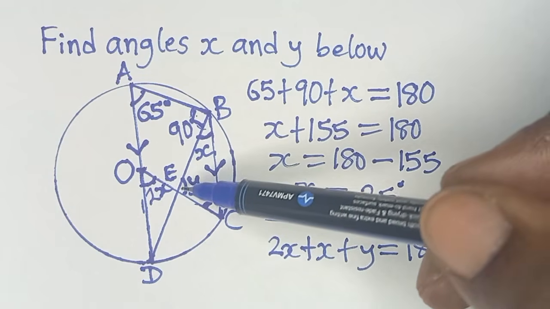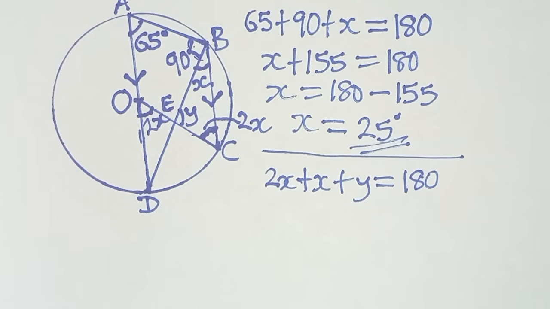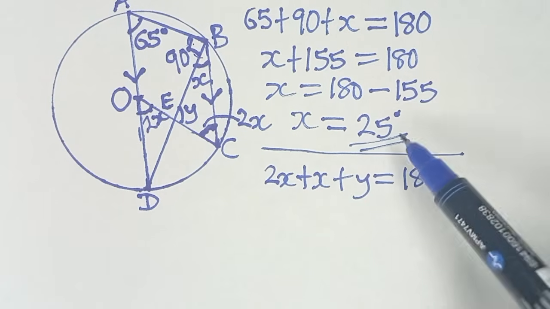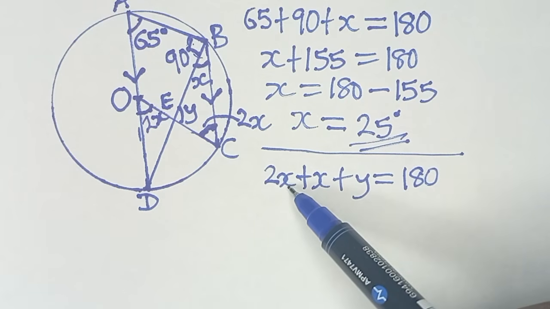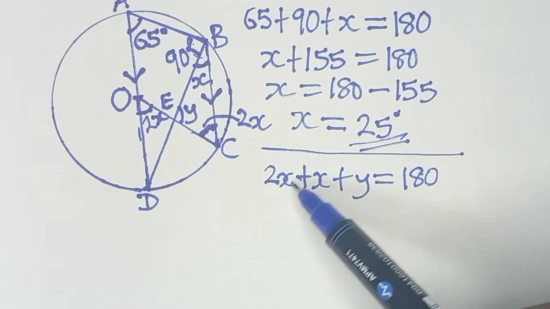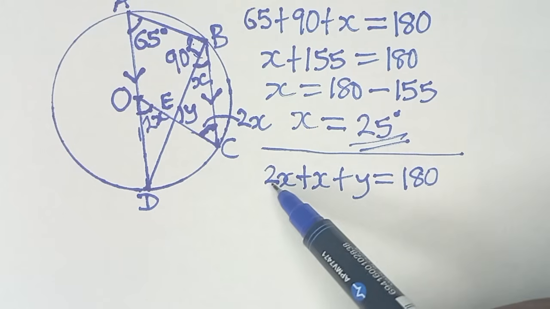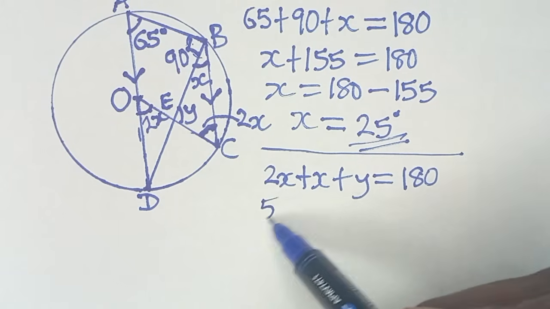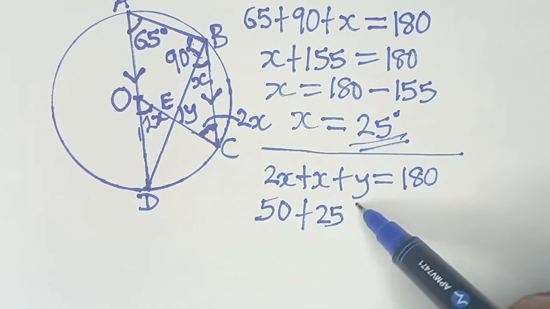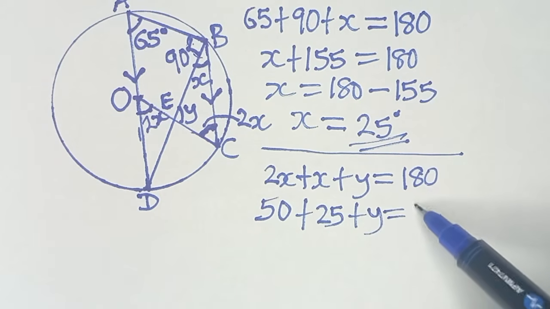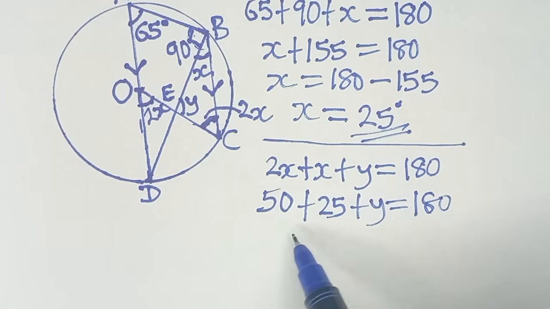So these three angles add up to 180 degrees. Now, don't forget, we already know the value of angle x. So 2x will be 2 times 25, which is 50, because x is 25. So 50, plus x which is 25, and then plus the value of y is equal to 180 degrees.